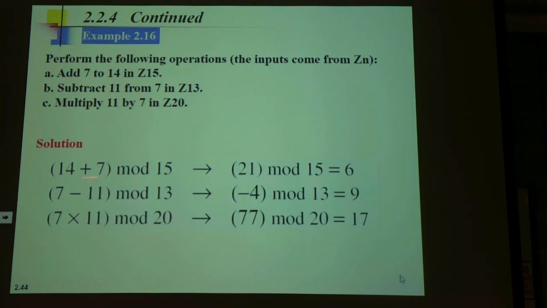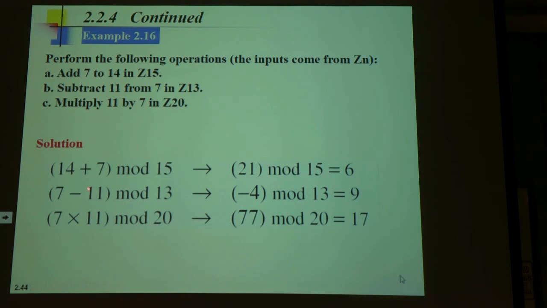Let's try it. 14 mod 15, how much does it give you? 7 mod 15 gives you 7.